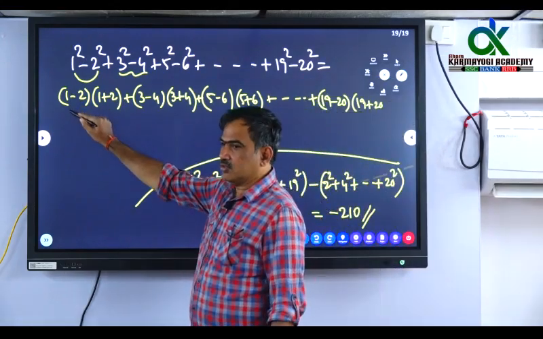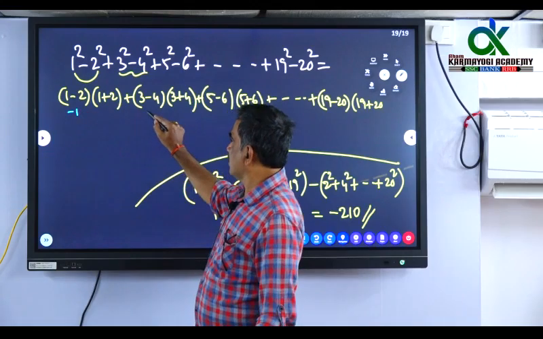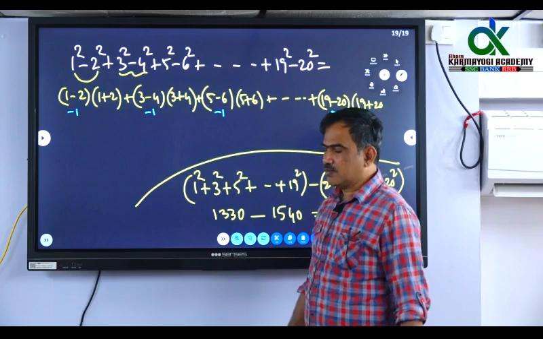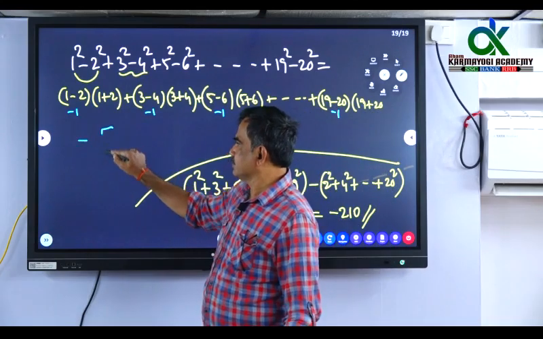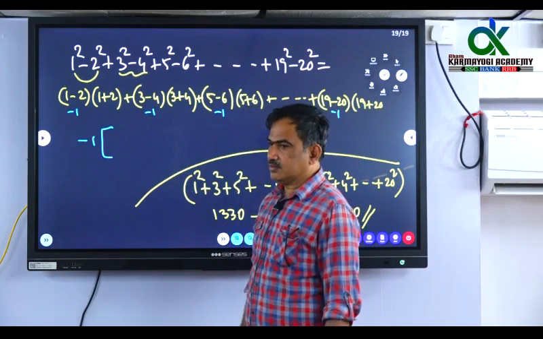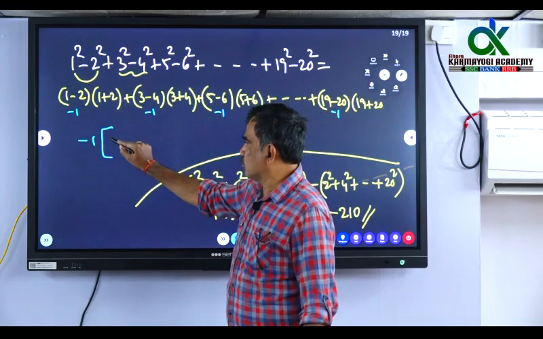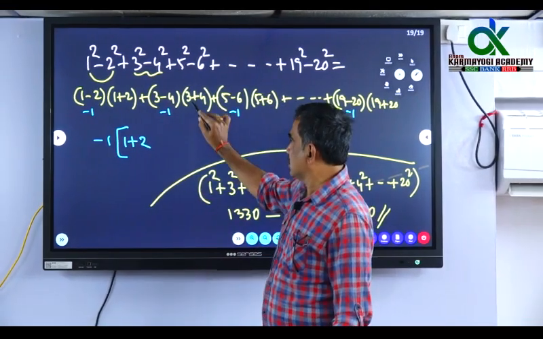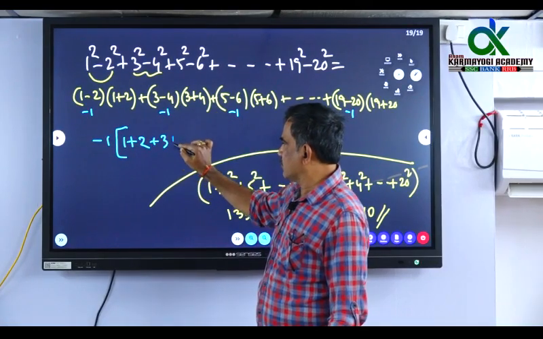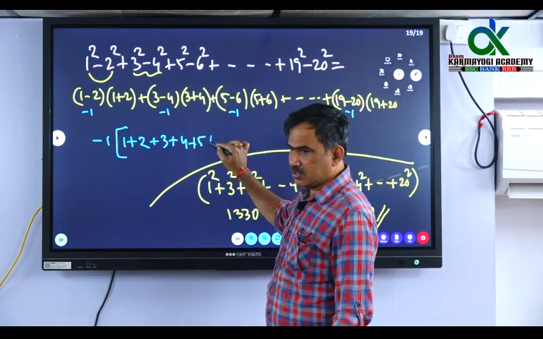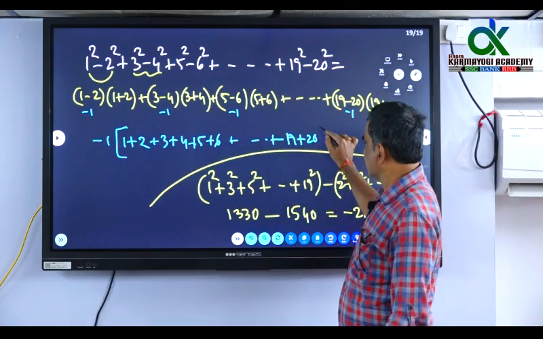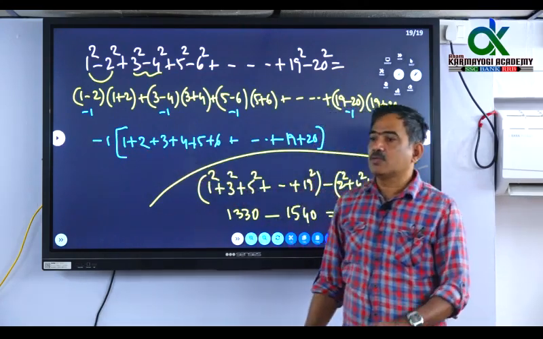Then here, what is this value? 1 minus 2? Minus 1. Here? Minus 1. Here? Minus 1. Take minus 1 common. Then what we get? 1 plus 2. I don't want to write 3, I want to write 1 plus 2. Next, 3 plus 4, 5 plus 6, up to 19 plus 20. What is this? Sum of n natural numbers.